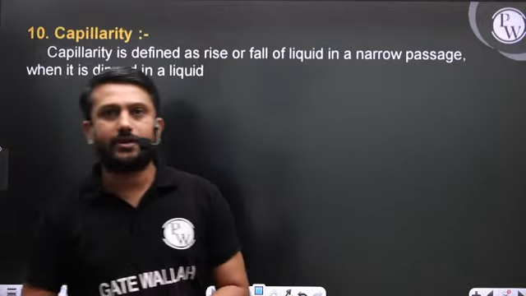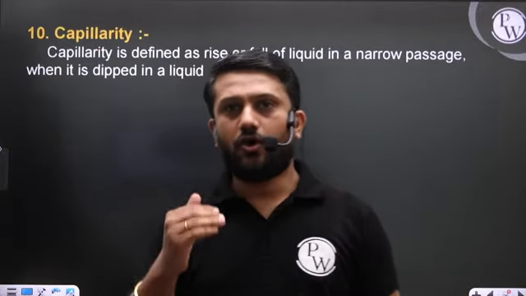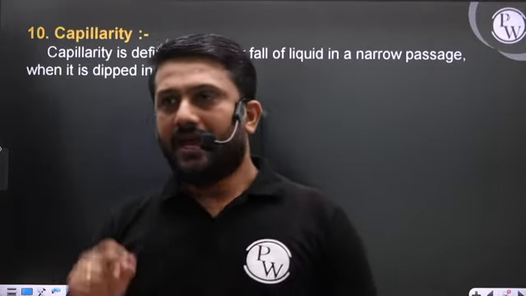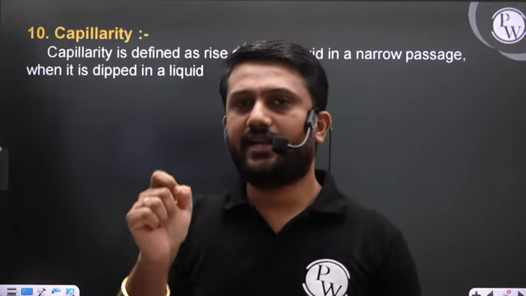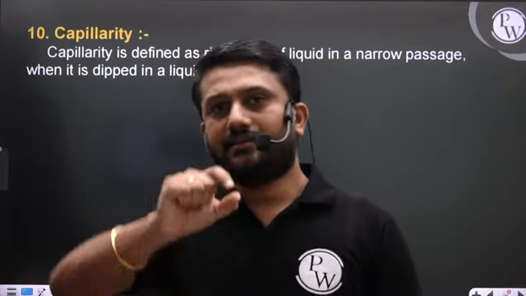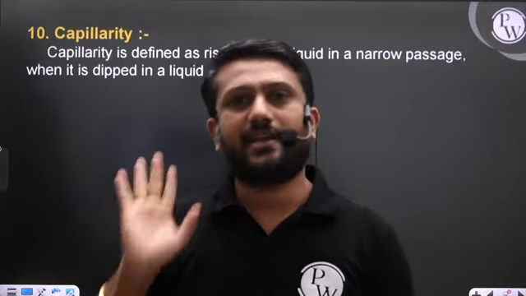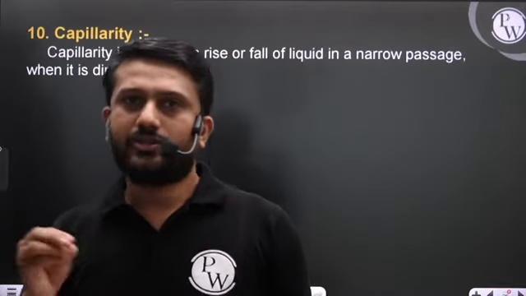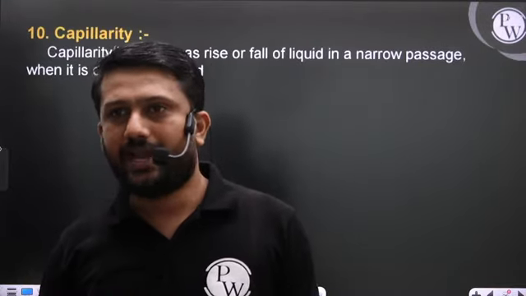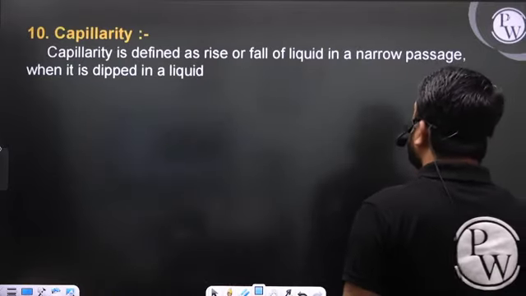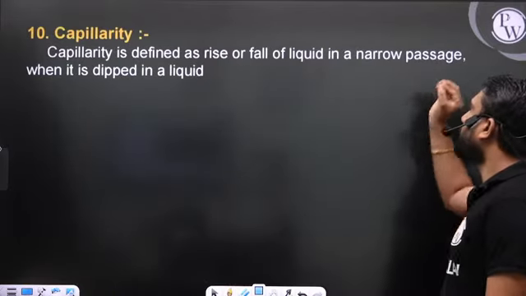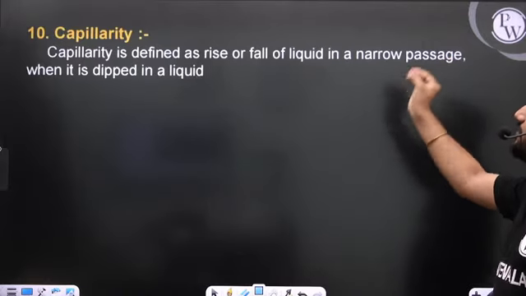Capillarity is nothing but rise or fall of a liquid in a narrow passage when that narrow passage is dipped in a liquid. So that is called the capillarity, as simple as that.